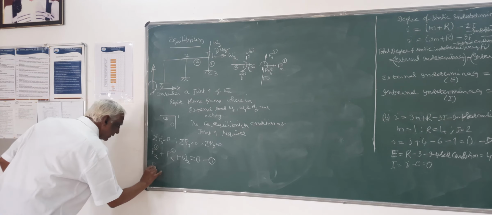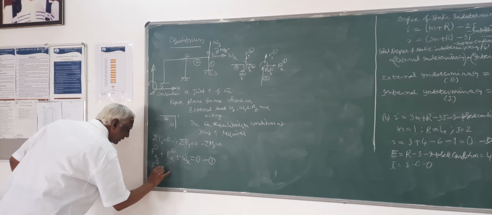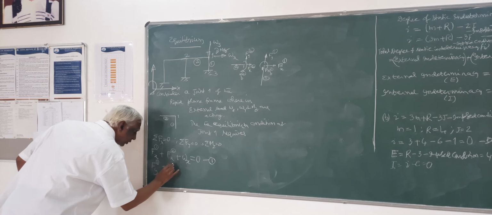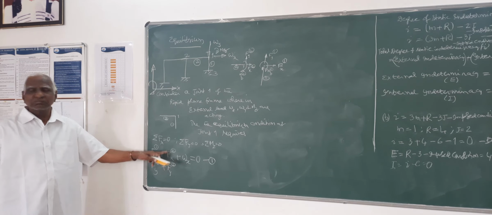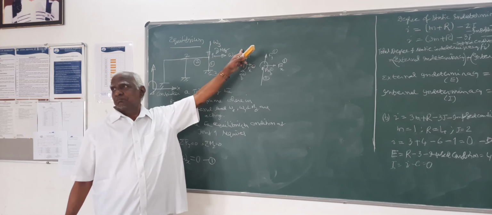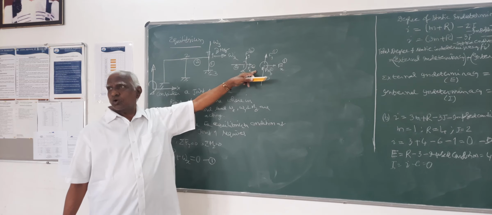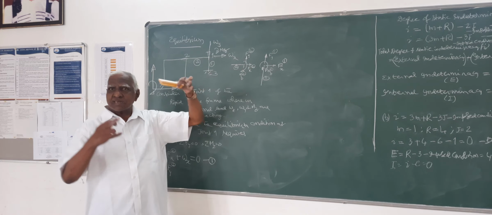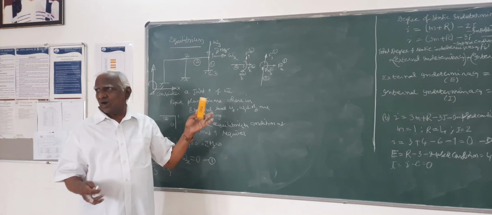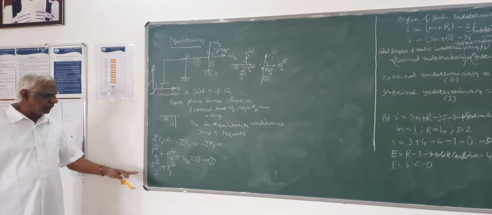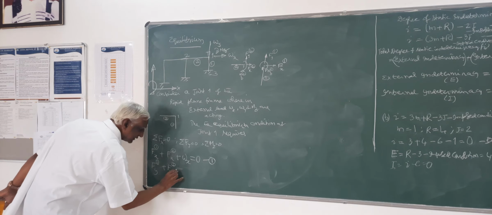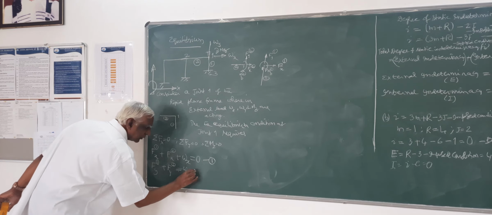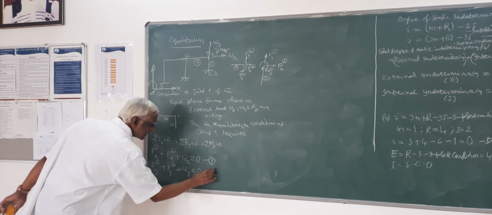Then Fy1, Fy2, these are the internal forces which I have marked. All the internal forces of all the members meeting at that joint, plus the external load, minus Wy is equal to 0.